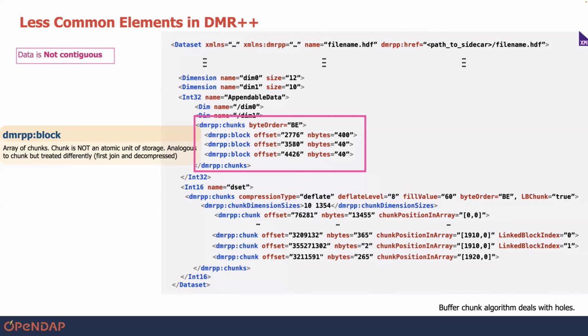I believe all HDF4 data is stored in big endian byte order. That means an interpreter has to be savvy. It has to understand that in order for these values to actually mean something, the byte order has to be switched around. Not super hard to do, but it's an extra step.